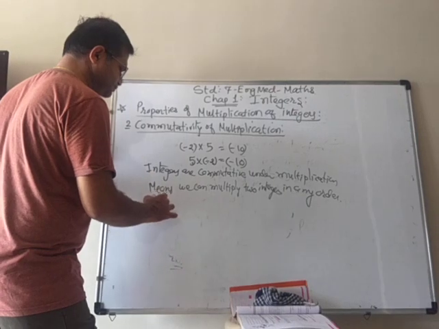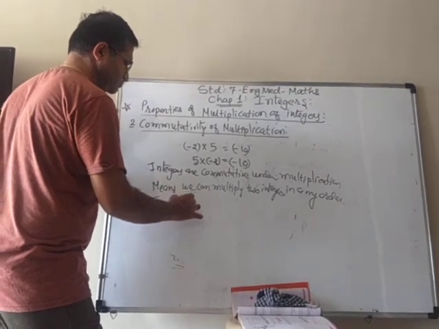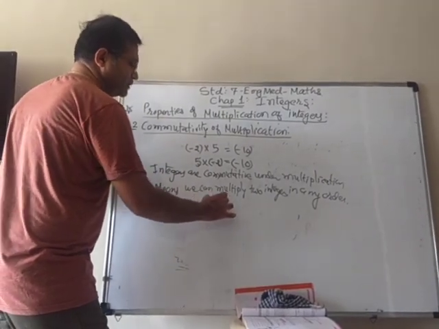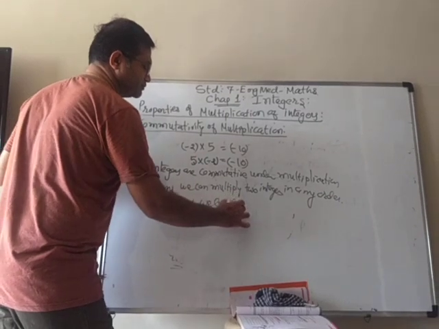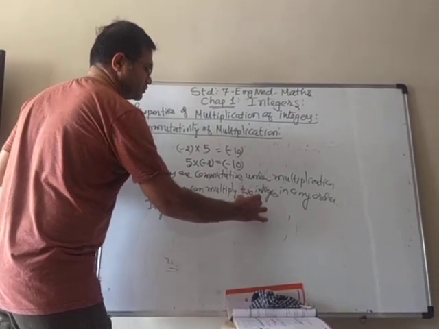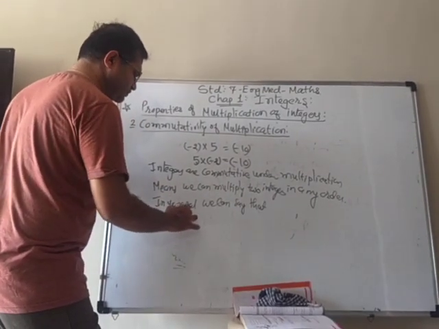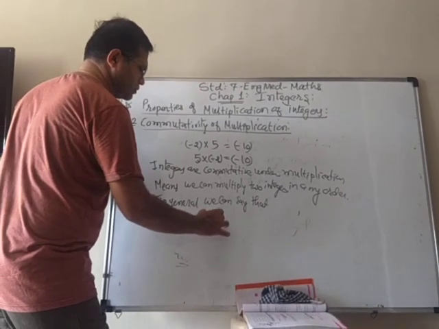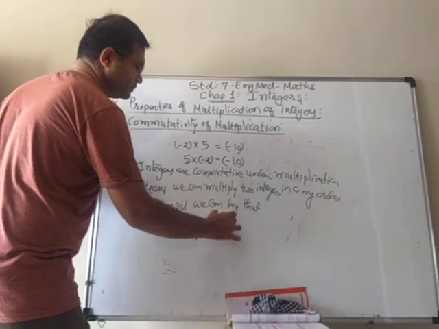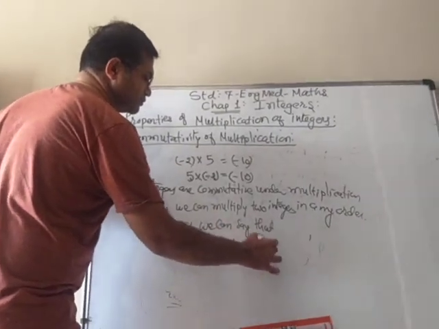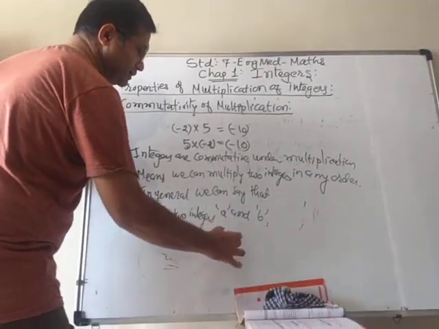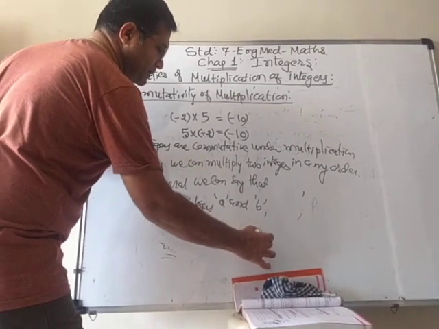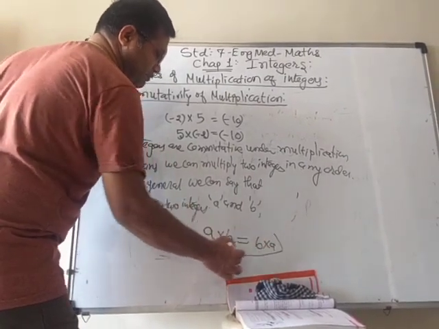In general, we can say that for two integers A and B, A multiplied by B or B multiplied by A, both will be equal.